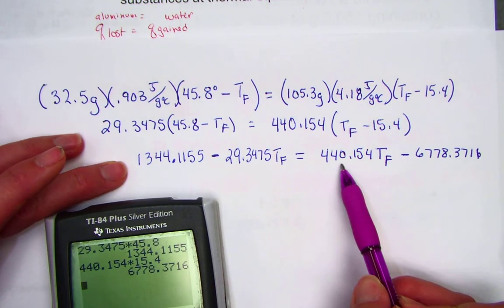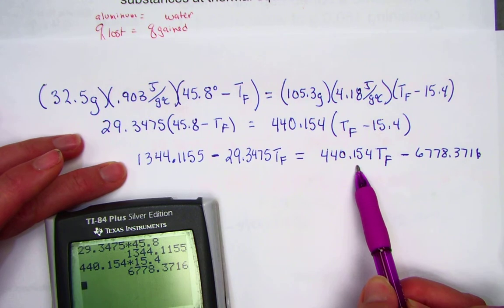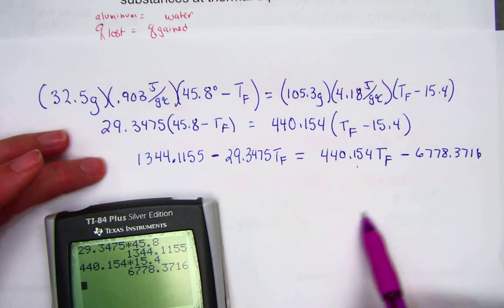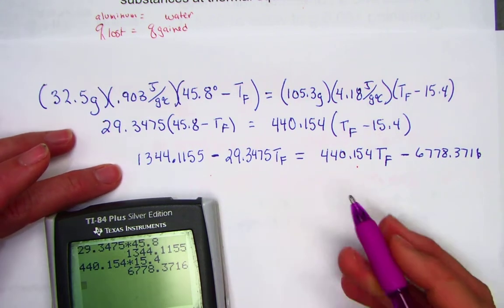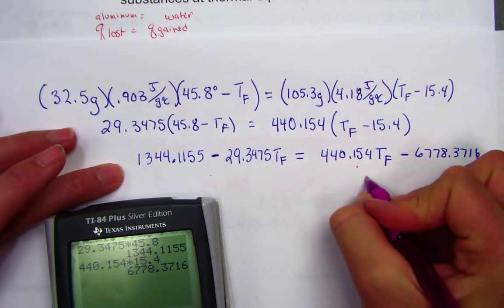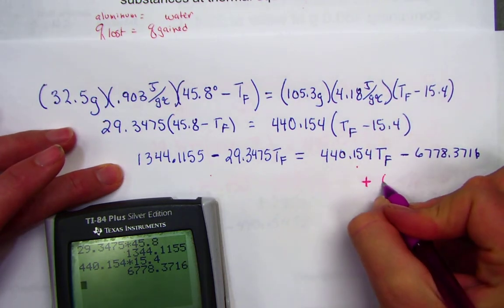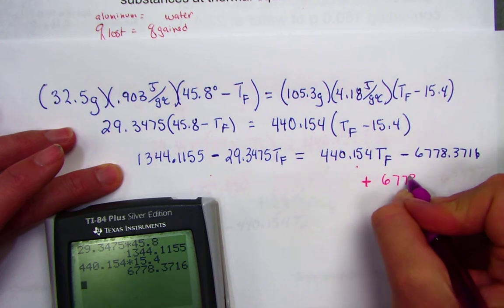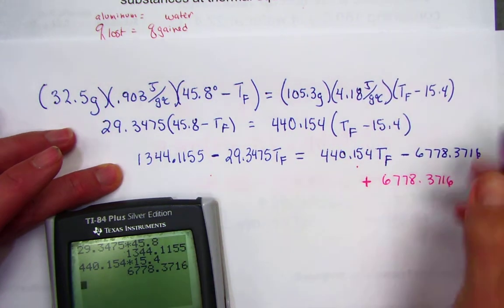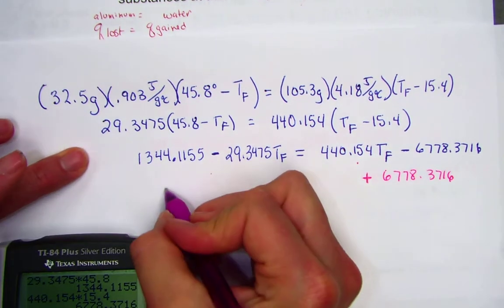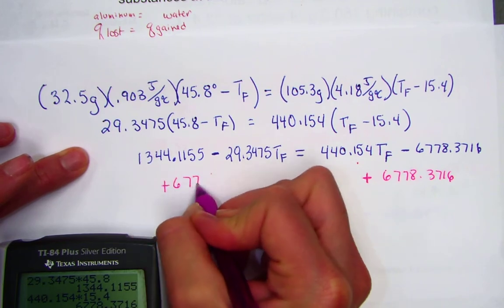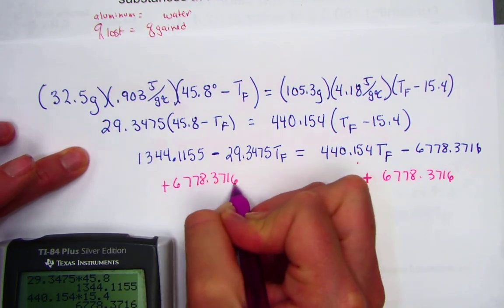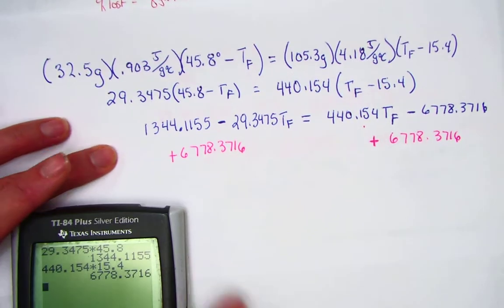Let's bring final temperature to the right side to keep it positive, and we'll bring the number to the left side and keep it positive. So both sides are going to be added 6778.3716. And let's do that, and we'll just simplify what we have.